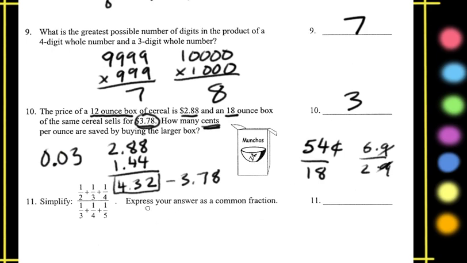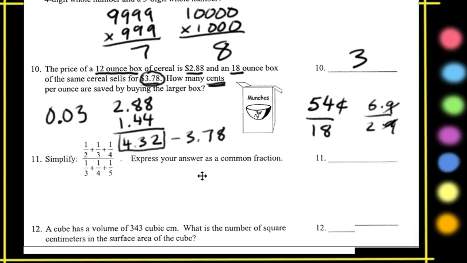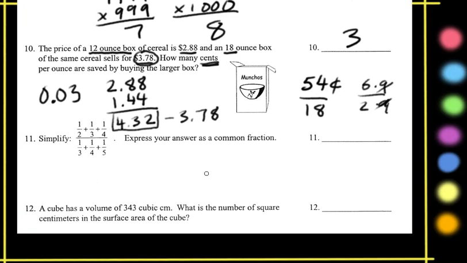All right, let's see. The next problem, they're asking us to simplify this thing with a bunch of fractions in it. If you're adding fractions up on the top here, you're going to have to find a common denominator. So 12 would work for a common denominator. So you've got 6/12 plus 4/12 plus 3/12. So that's all over 12. That's the numerator, this part up here. And then what about the denominator?